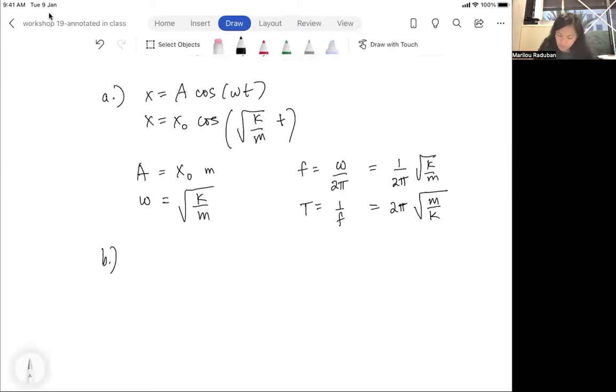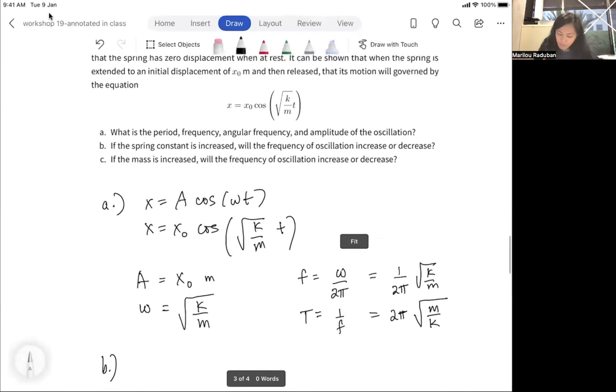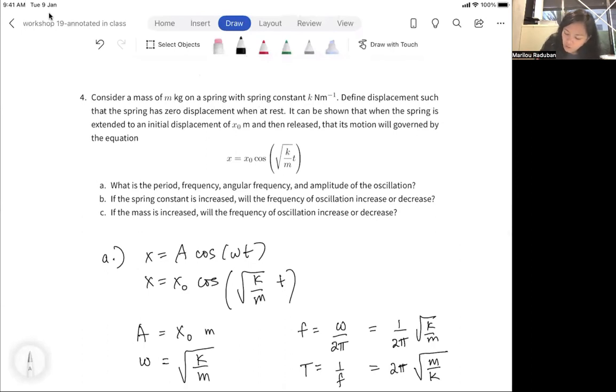Right. Next question. If the spring constant is increased, will the frequency of oscillation increase or decrease? So spring constant is K. And it's talking about frequency and the spring constant.